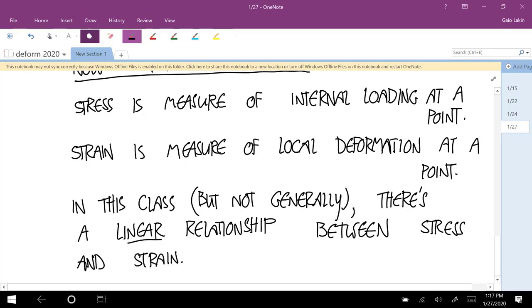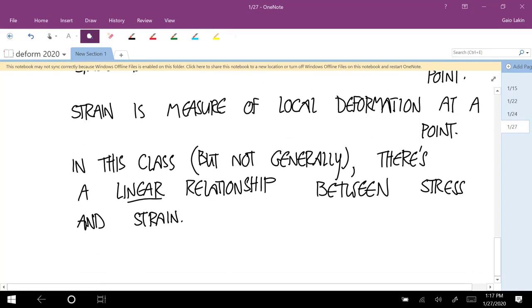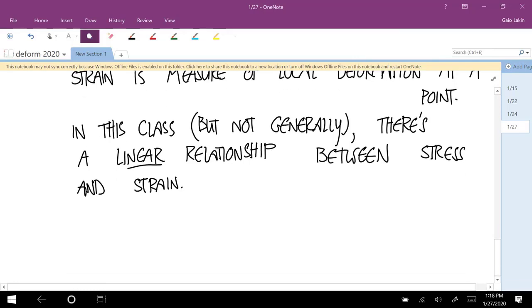So this is going to be a really important assumption for us that you're dealing with a material and loading and deformation ranges where these two things are proportional in some way. You know, like there's a linear relationship between these two things.